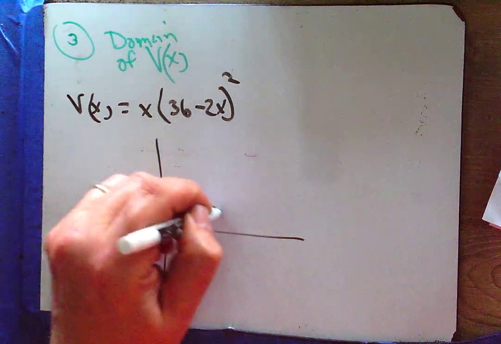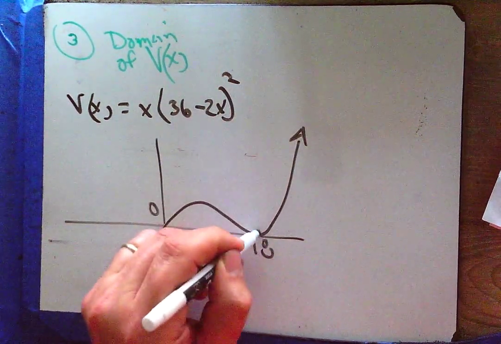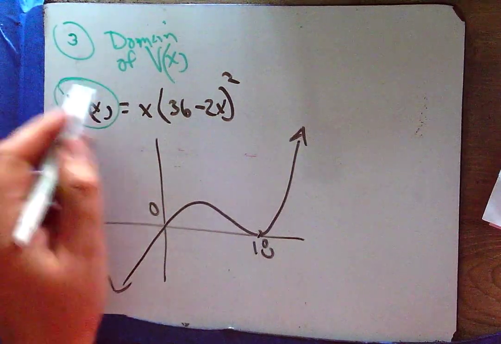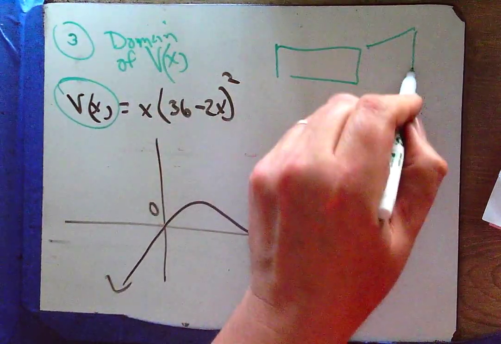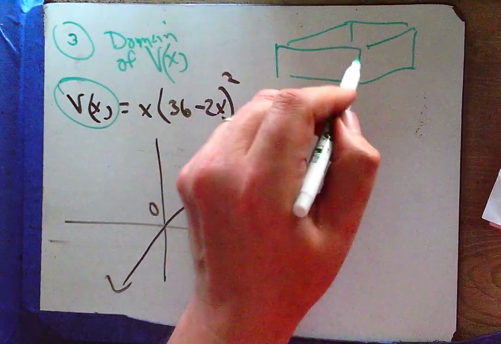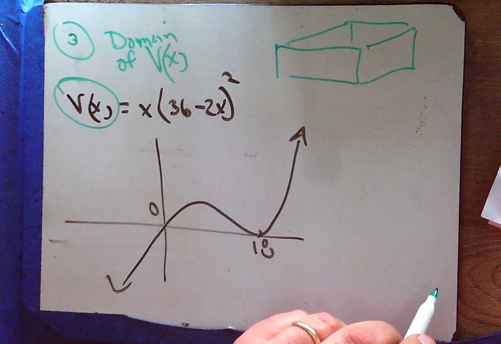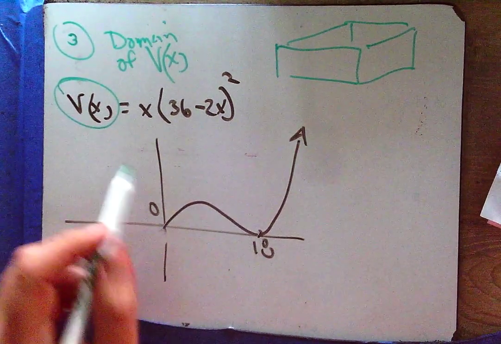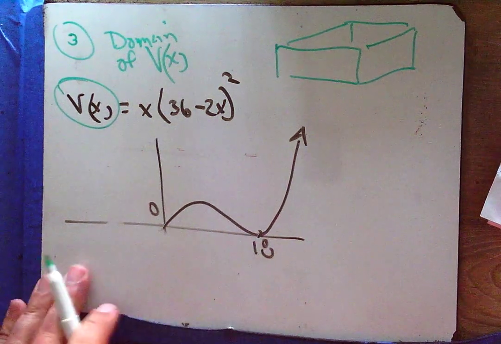Passing through and bouncing. 0, that's 18. Well, I would argue no, because this is a real-world thing. This equation represents the volume of this box. Can I have a box with a volume of 0? No, that has to go away. And can I have a negative volume? No, so no negative volumes.